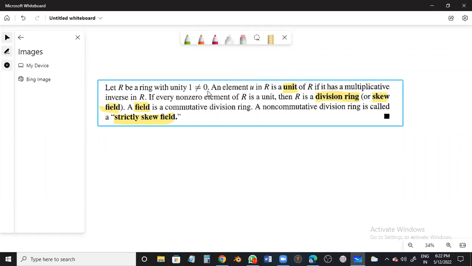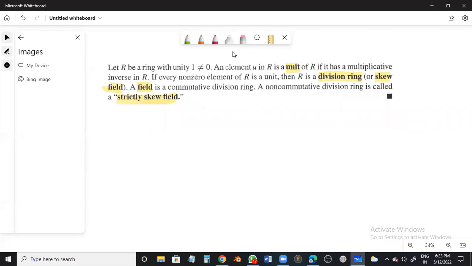So here we are saying R is a ring with unity 1 not equal to 0, and an element u in R is a unit of R if it has a multiplicative inverse in R. So if your element has a multiplicative inverse, then we call it a unit element.